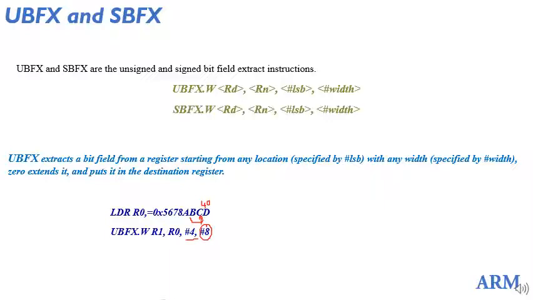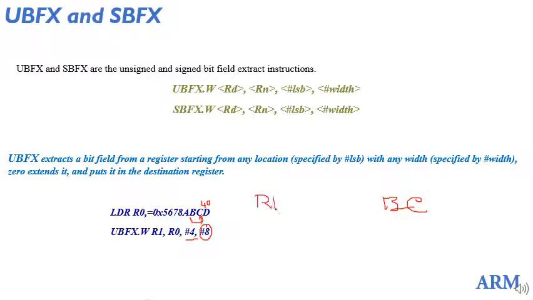That means you have to extract B and C from this source register R0. That is the meaning of this #4 and #8. Starting from bit number 4, you have to extract 8 bits from the source register. That corresponds to BC, that is bit number 4 to bit number 11, makes 8 bits. So that you have to store in the destination register R1.